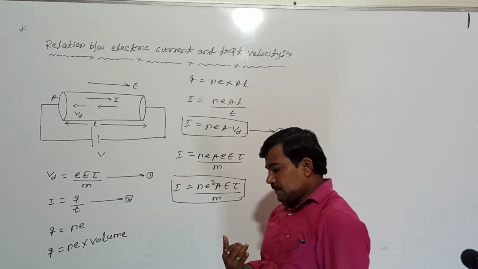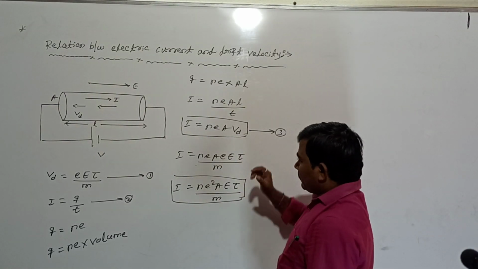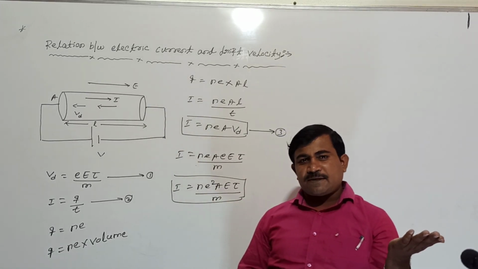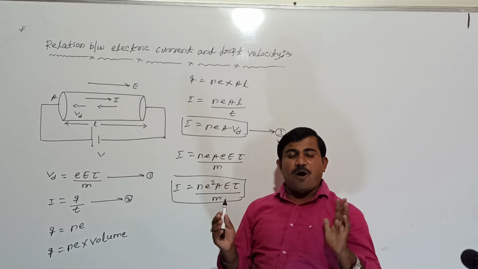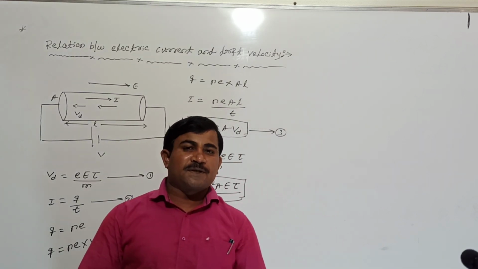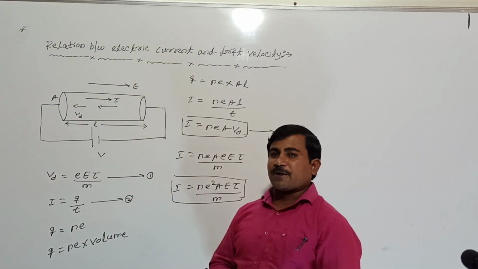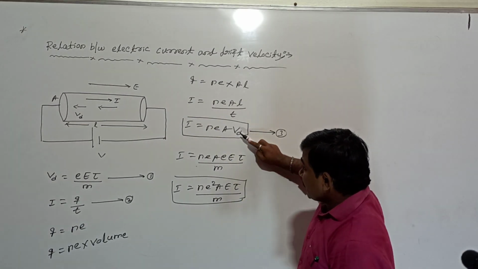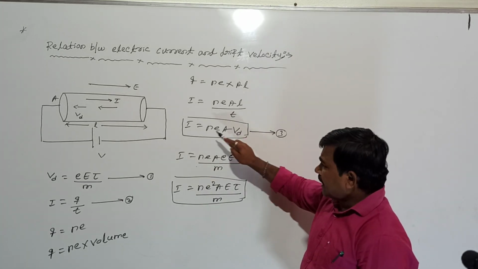But students, the point to be noted is that this drift velocity is very small. As in the previous video, we said that the drift velocity is of the order 10 raised to minus 4 meter per second or 10 raised to minus 5 meter per second, depending on temperature. If drift velocity is very small, then current should be very small.